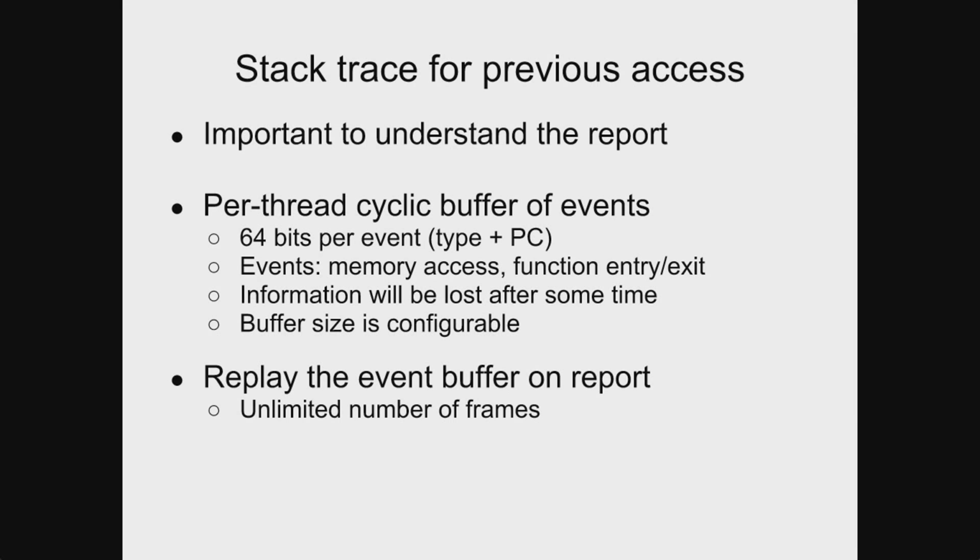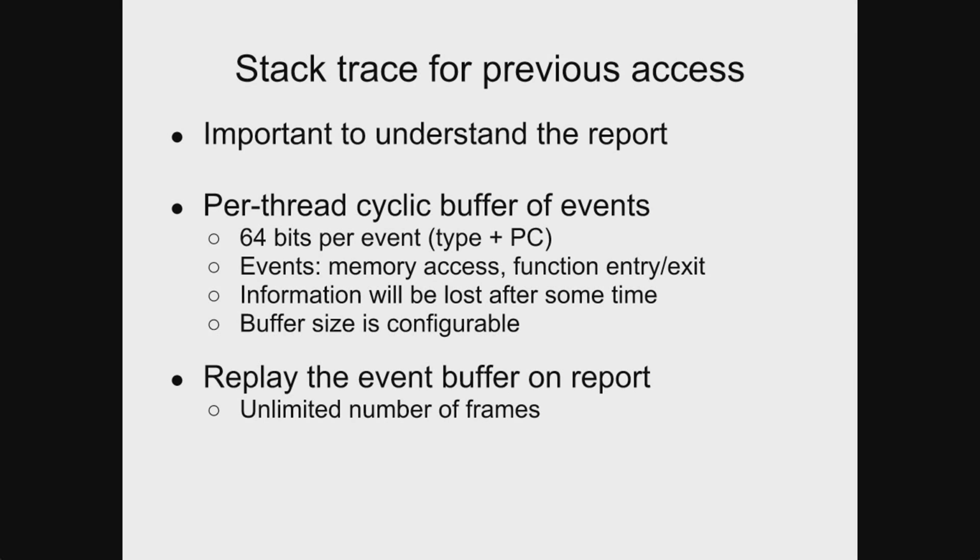So one of the tricky parts of the tool is how do we show the stack trace of the previous memory access. Once you have a data race, you can easily show the current stack trace, but not so easily the previous one. For this, we have a per thread cyclic buffer of events. Events like function entry, function exit, and memory access.